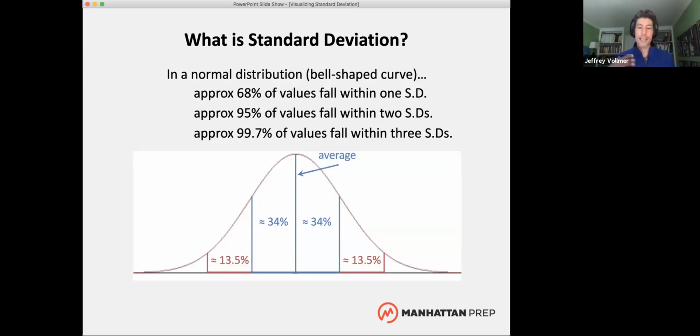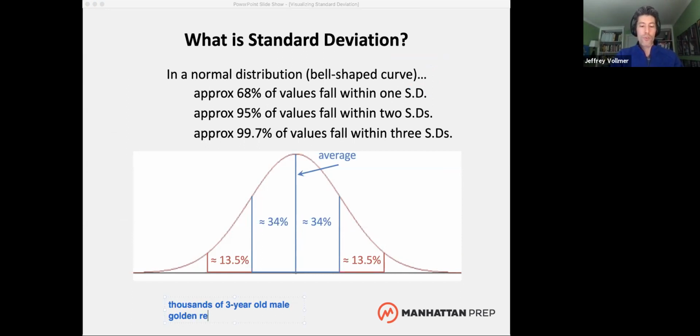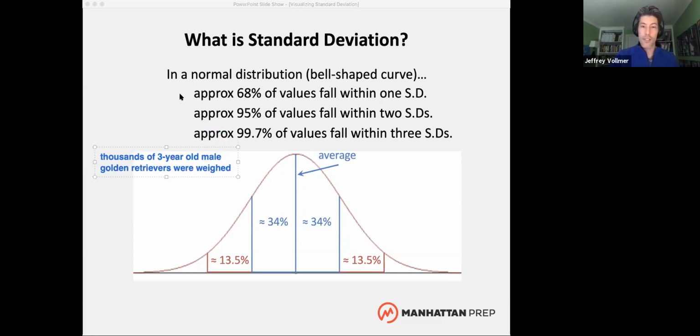If we go back to this bell curve, imagine what would be a decent data set here. I'm going to make this up. Let's say thousands of 3-year-old male golden retrievers were weighed, and we have data on how many pounds they weighed.